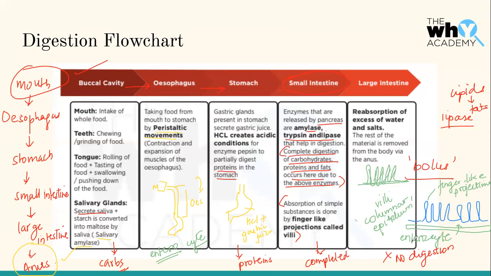They will also be helping in increasing the surface area and making sure that more absorption happens, because the minute you make projections like this up and down, instead of a flat tissue, the surface area has become double, right? So much area you have now.